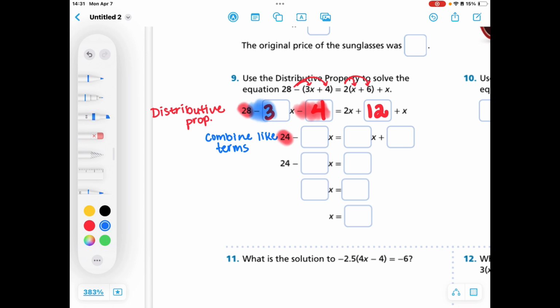You're going to have a minus 3x by itself. Since there's nothing to combine it with, it just stays the same. It looks like as well we have this 2x plus x. Well, 2x plus x is just 3x. Where the very last one, this 12, is left alone. We don't have to do anything to that 12.